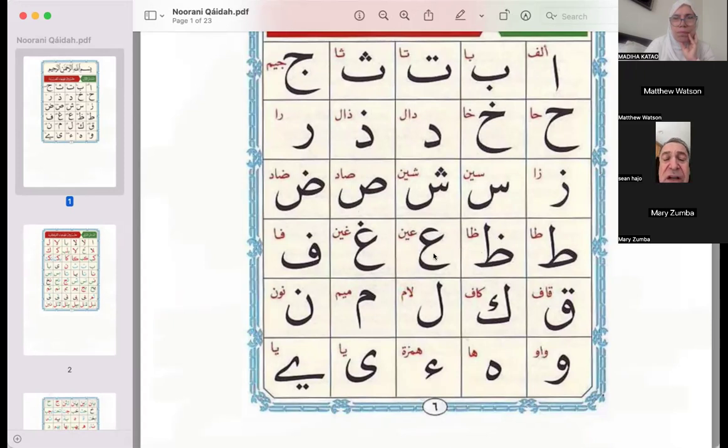Ain is like that. Gha is like garage, a gradual magnification of the sound. It would be natural to say ga, then you go into gha. Then you say fa, qaf. Qaf is also a very odd letter that I think only Arabic has. Kaf, lam, mim.